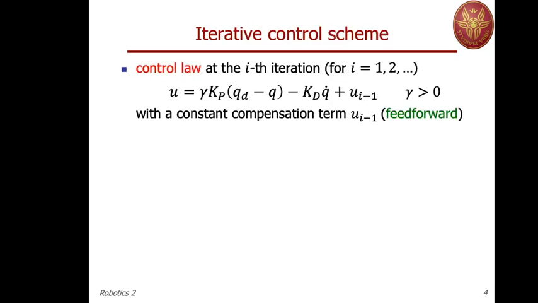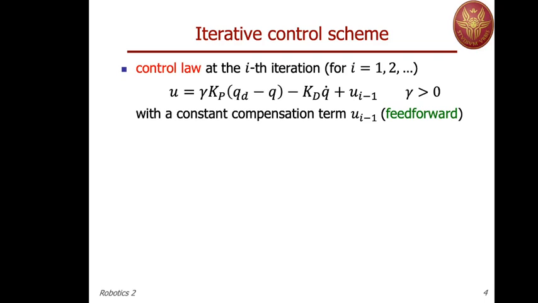So the idea is to slightly modify the PD control by two changes. First, we add a constant compensation term, and since we are assuming that there are iterative stages in our control process, we will start in the first iteration, so i equal 1, with a u0, and then after a while we will update this to u1, u2, and so on.